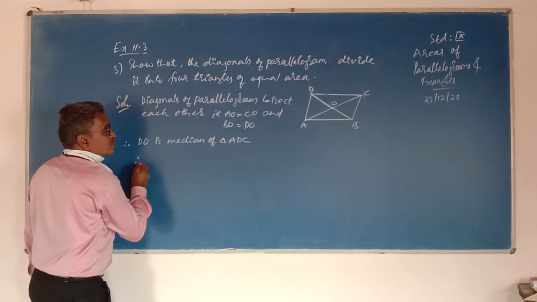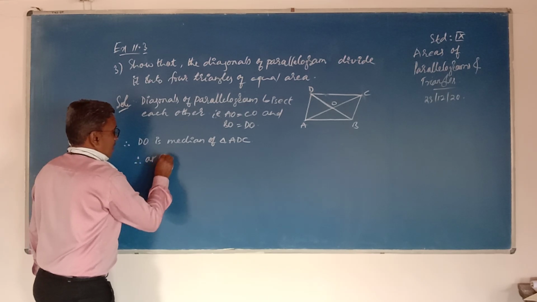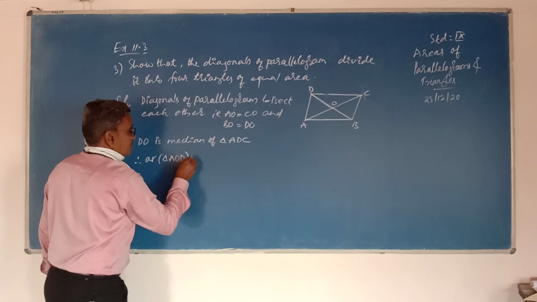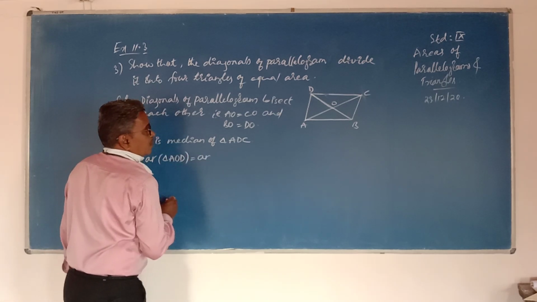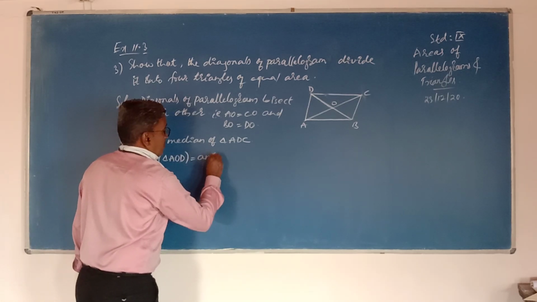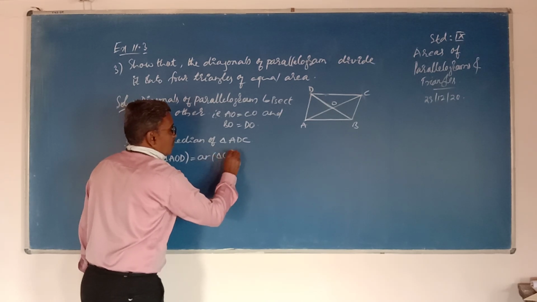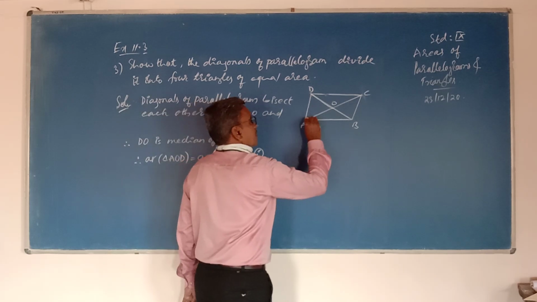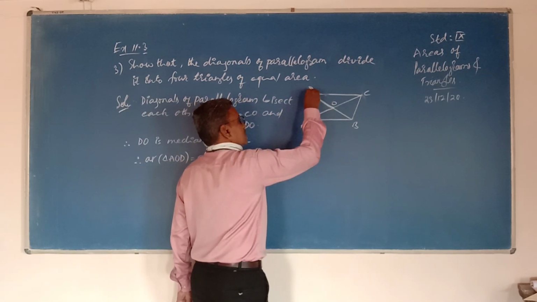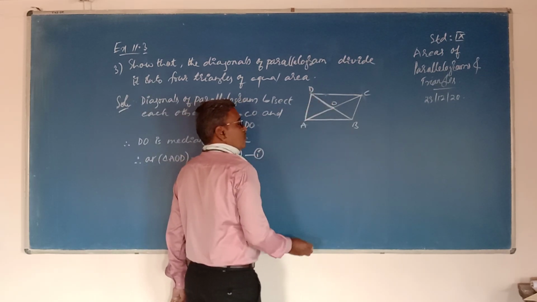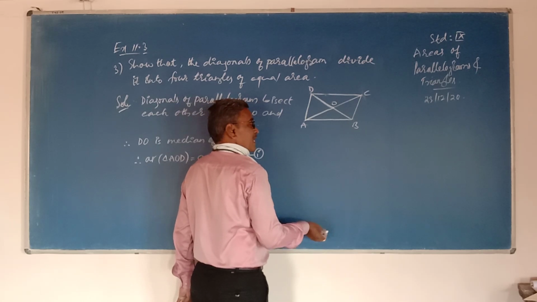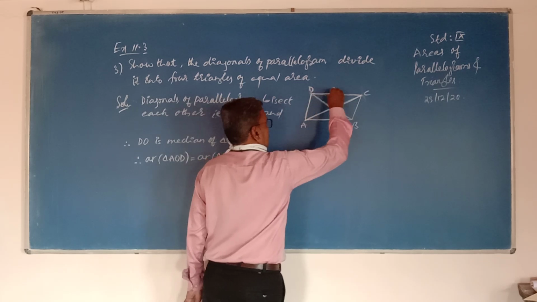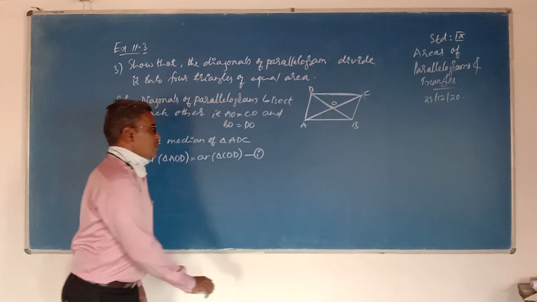Therefore, area of triangle AOD is equal to area of triangle COD, since a median divides the triangle into two triangles of equal area.